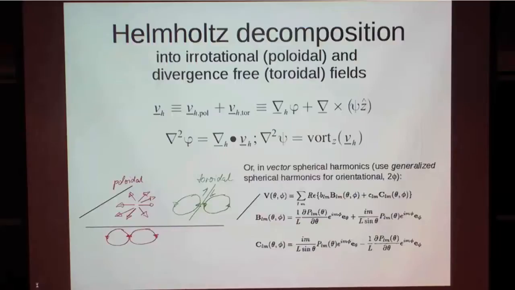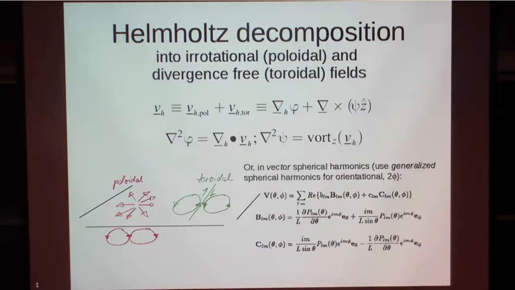Moreover, we can take these velocities and Helmholtz decompose them into poloidal and toroidal fields, very much akin to the normal mode approach, or the decomposition of the wave equation solution into P and S waves. Poloidal velocities, if viewed from the surface, are the ones that have sources and sinks.